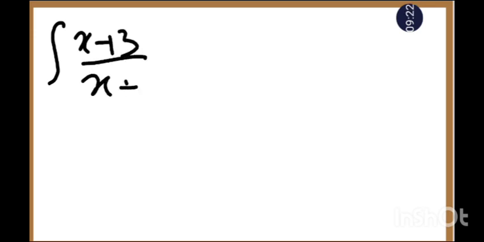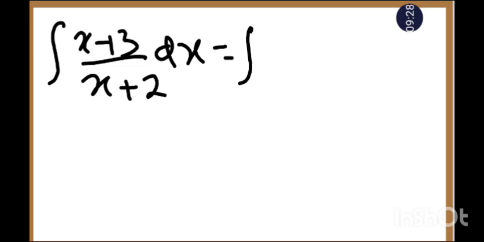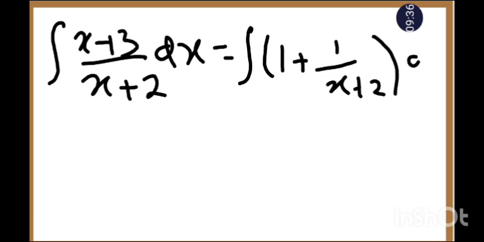So that said, the integral of x plus 3 over x plus 2 dx will simply be the integral of 1 plus 1 over x plus 2 dx, which when we integrate each of them, when we integrate 1, it gives us x.